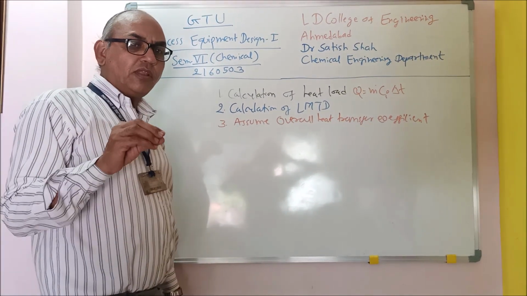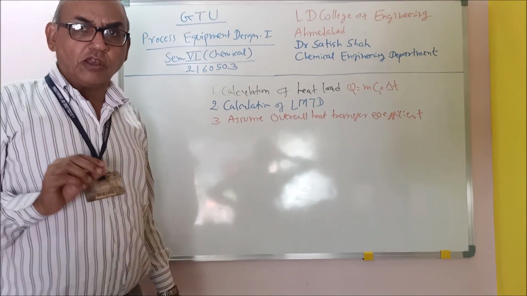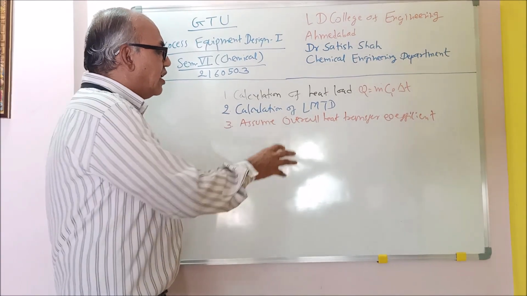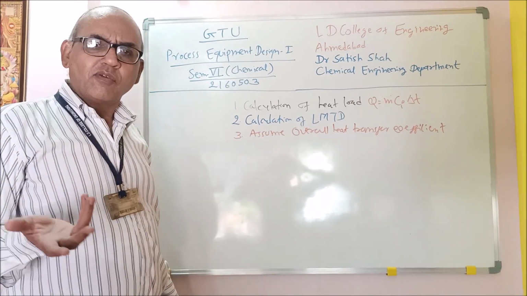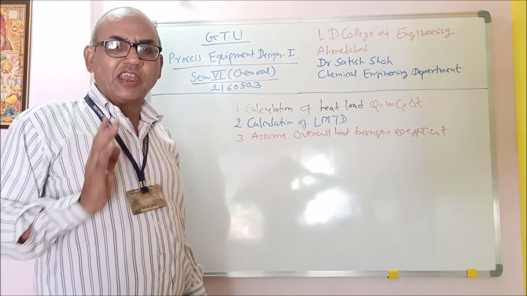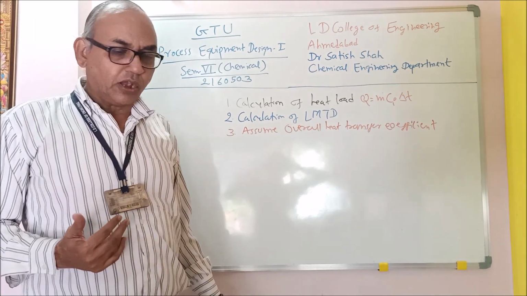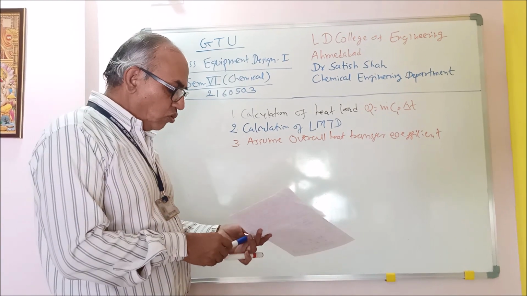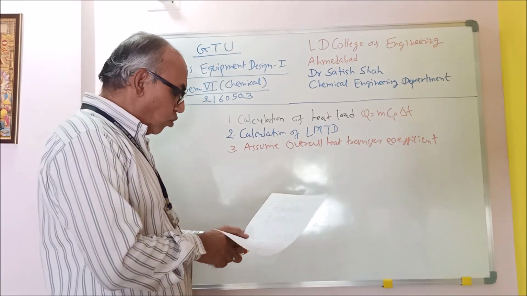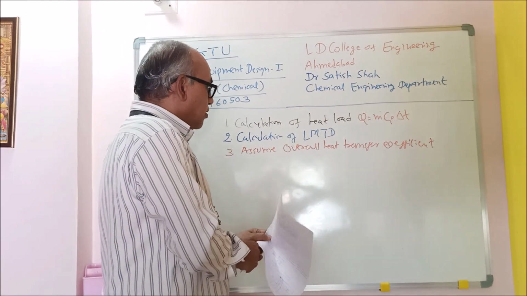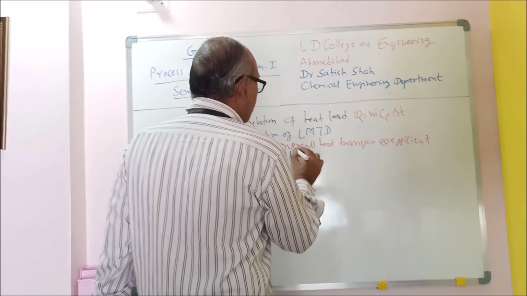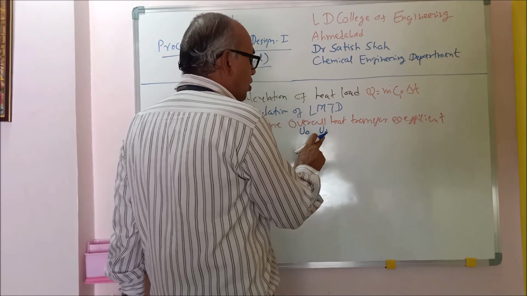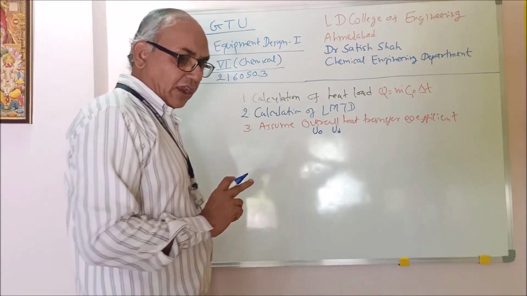Suppose they have given the range of 1000 to 1500 kilocalorie per hour meter square degree Celsius. You can very well assume 1200 or 1300, whatever you wish. This is not the final value. This is our starting point. So you assume the value of the overall heat transfer coefficient, which is known as UO, or UD. Somebody writes UO, somebody writes UD, the dirty overall heat transfer coefficient.